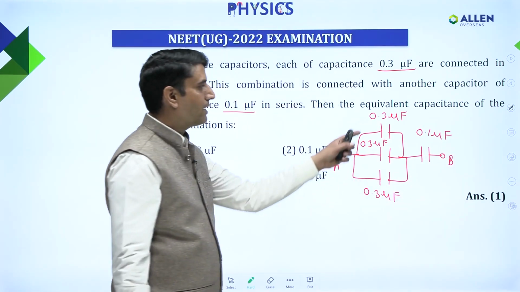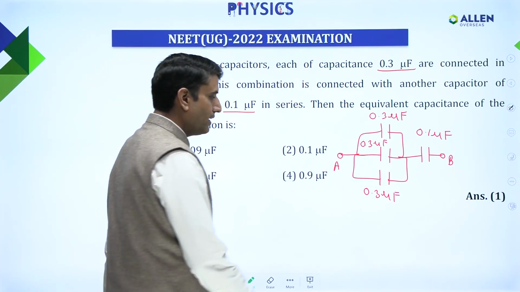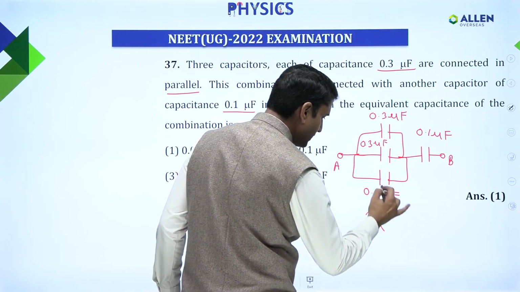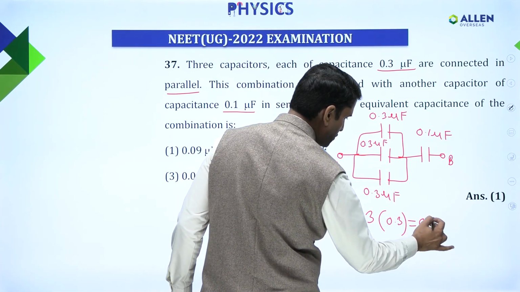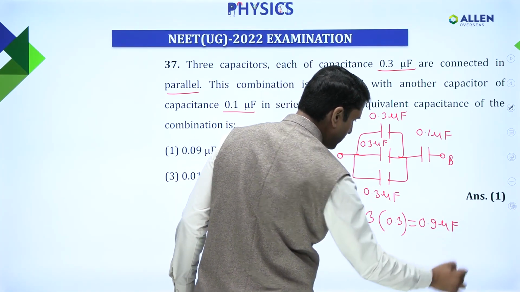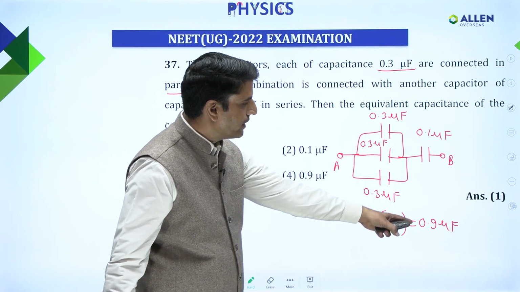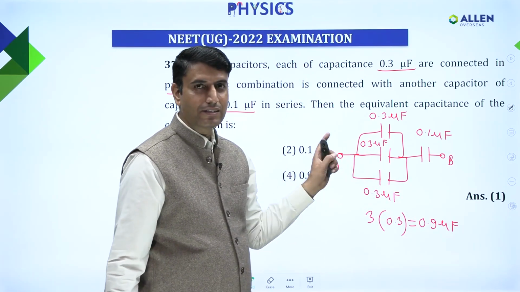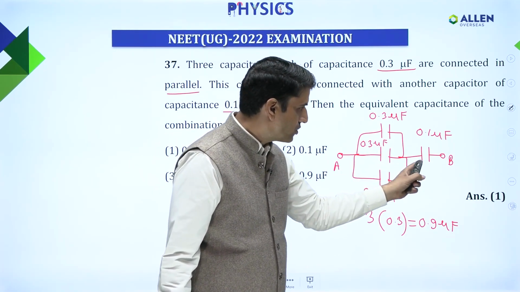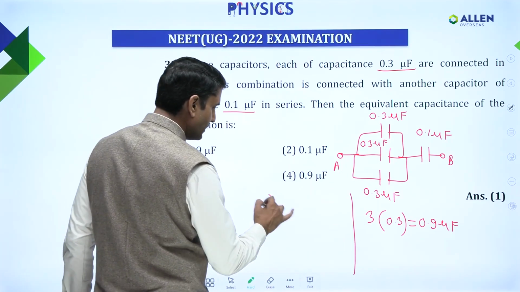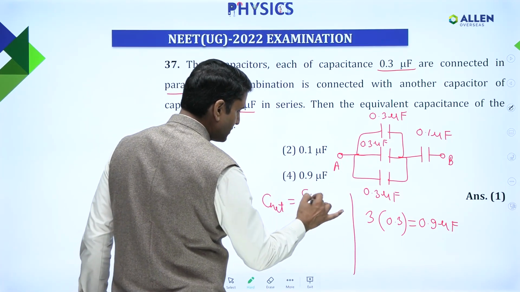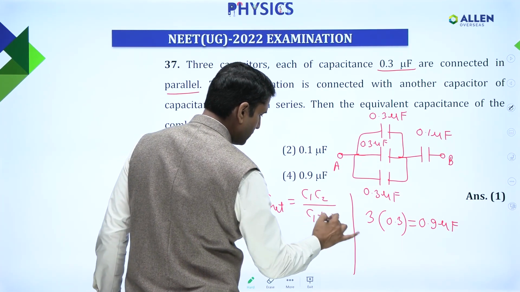So these are in parallel. We can say the resultant of these three would be 3 times 0.3, that is 0.9 microfarad. Now this 0.9 microfarad is in series combination with this 0.1 microfarad. So C net would be C1 C2 upon C1 plus C2.